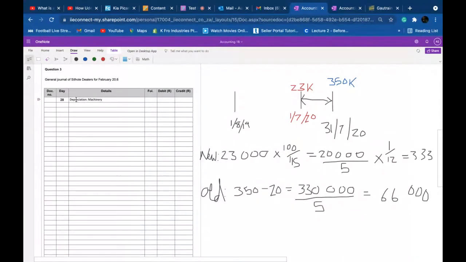I think I was saying vehicles the whole time. And accumulated depreciation, again on machinery. Okay, and this is now the 66 plus the 333, 66,333. There we go. So that's the first adjustment done and dusted.